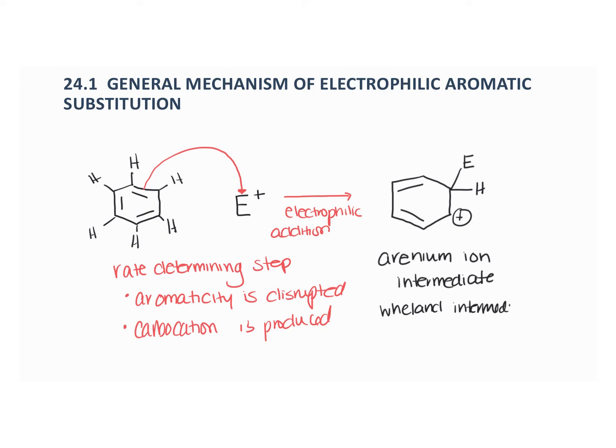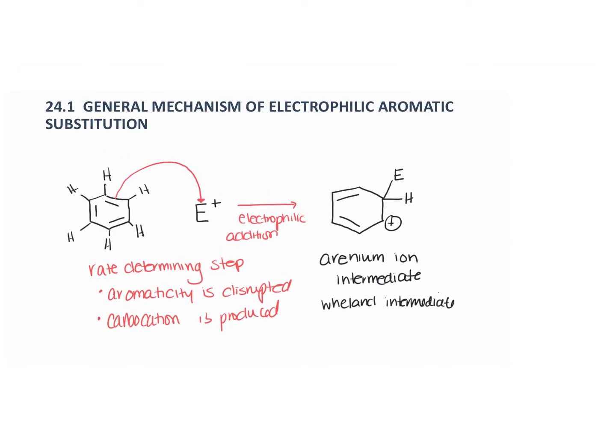So if you ever hear somebody talk about a Wheland intermediate, but most people are trying to not use specific scientist names anymore. And an arenium ion intermediate is more descriptive about what's actually formed. Now, this is a carbocation intermediate that consists of 5 sp2 hybridized carbon atoms and 1 sp3 hybridized carbon atom.